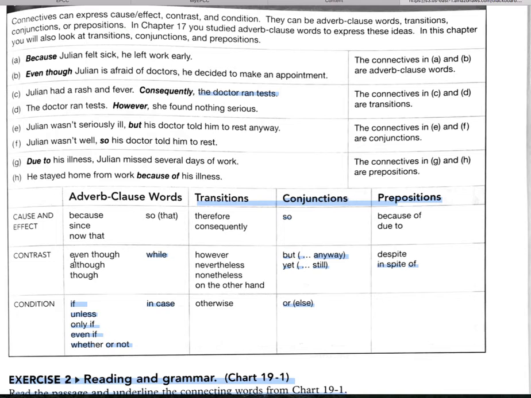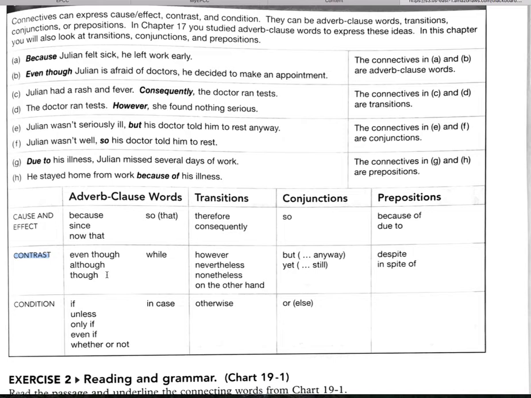Now, adverb clause words that introduce contrast. Even though, although, and though. Remember that even though, although, and though give us the unexpected response or unexpected result. Okay? For example, even though I wore a sweater this morning, I was cold.